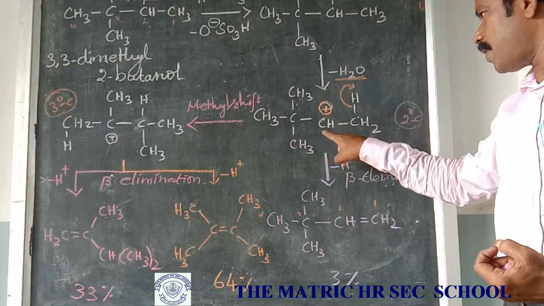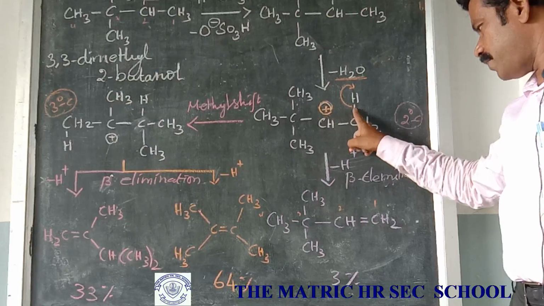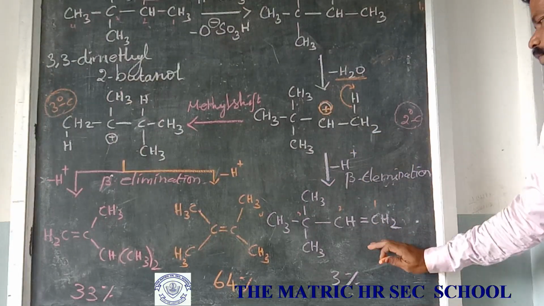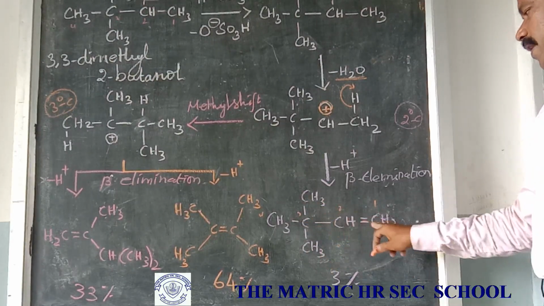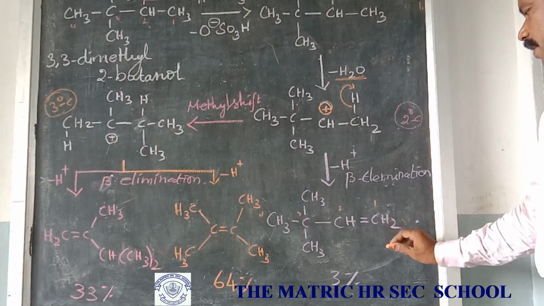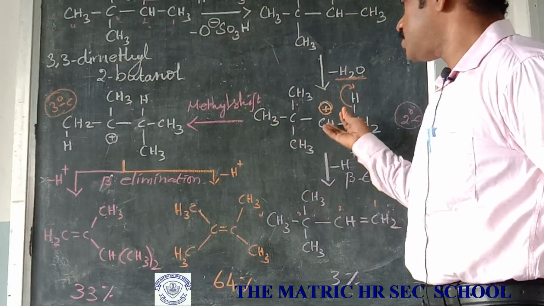Already this cation is present with positive charge, so positive and negative are there. You will get the new double bond. Okay, we will get one new double bond. In this compound, the third position has the alkyl groups and the first position has the double bond. Okay, then another two products are possible from the same compound.